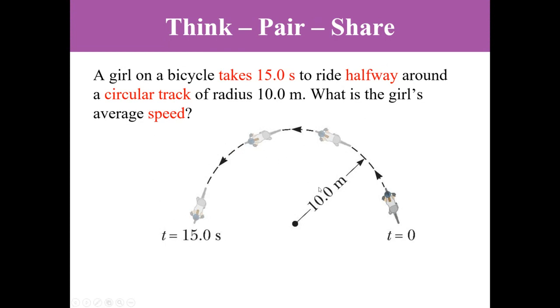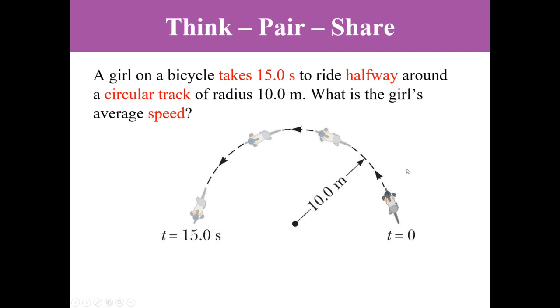You need the distance, divided by the elapsed time. The distance is this arc, which is half the circumference, and the elapsed time, 15 minus 0, is 15 seconds, right?